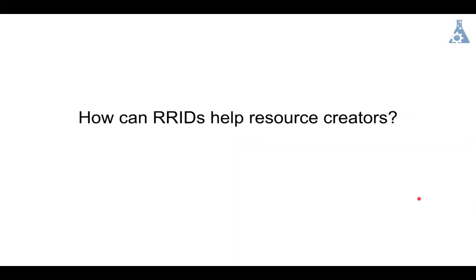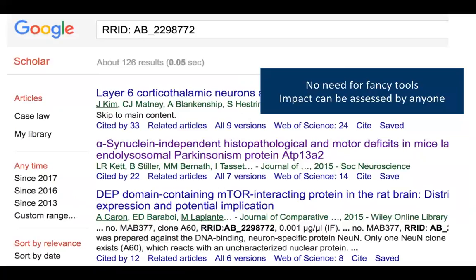So how can RRIDs really help resource creators? We're here on the NeuroTools website. We have a lot of people who are going to be talking about NeuroTools and people who are going to be trying to use NeuroTools. So resource creators can be helped by RRIDs.